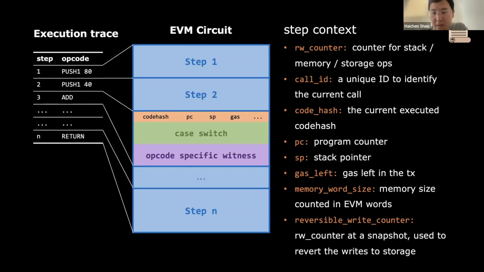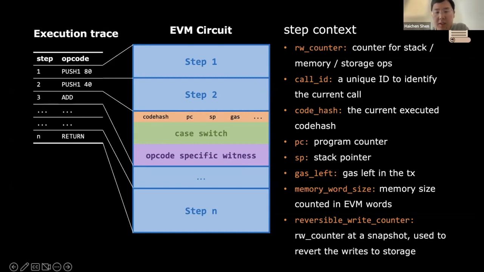And then the next one is the memory word size. We need to count the current memory size, counted in terms of the number of EVM words, so it's in 256 bits. This can be used to help calculate the gas cost when you expand the memory to a larger size. And then the last one is the reversible write counter.